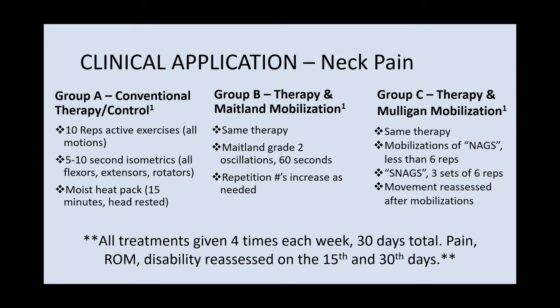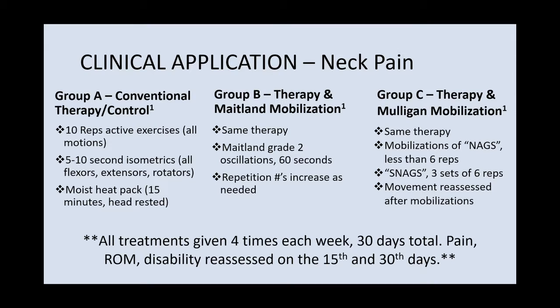And then they moved on to 5 to 10 second isometric exercises for cervical flexors, lateral flexors, extensors, and rotators. And then they all had a moist heat pack on their cervical area with their head rested on a pillow on a table for 15 minutes. So that was the conventional therapy. That was the control group.